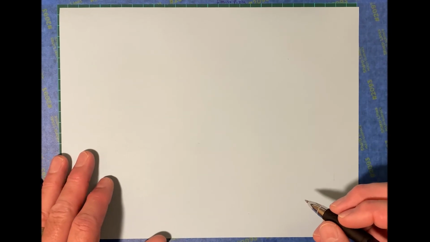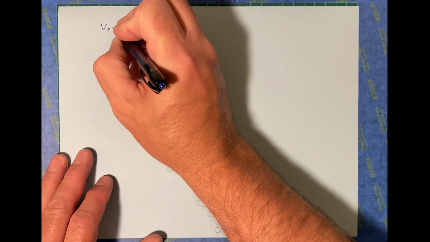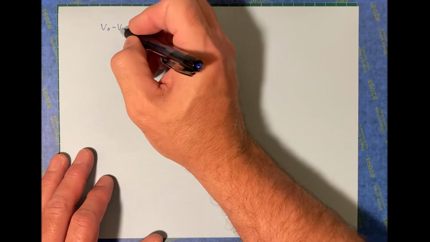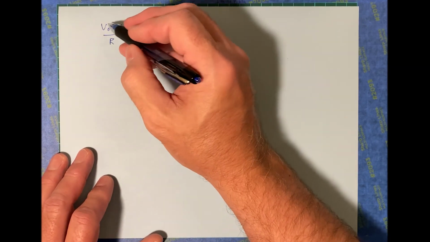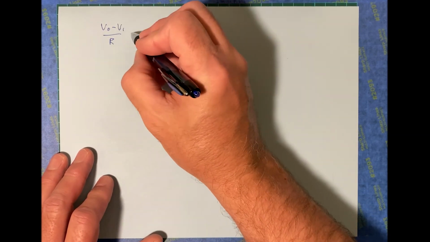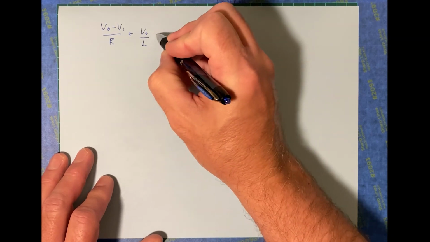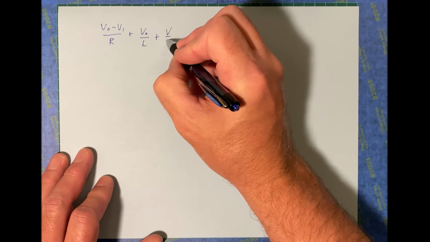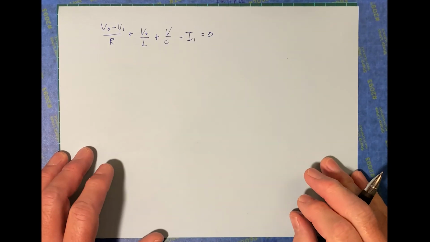I'm going to take the approach where I've got V naught minus V1 over R, and these are all phasors. I know I'm going to forget to write the little arrows over the top, so just keep that in mind. Every one of those has a little arrow over the top. So I'm going to start with this right here.